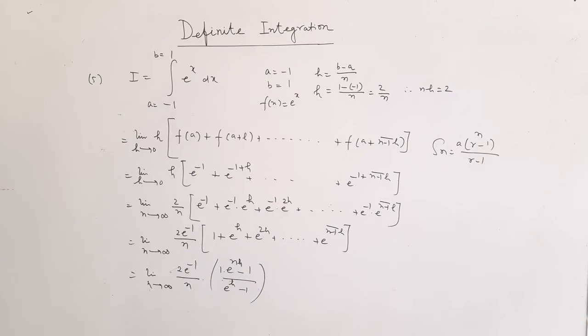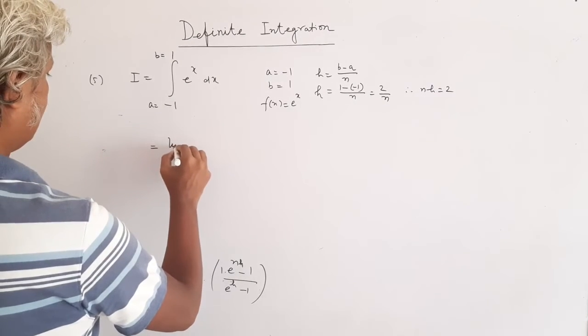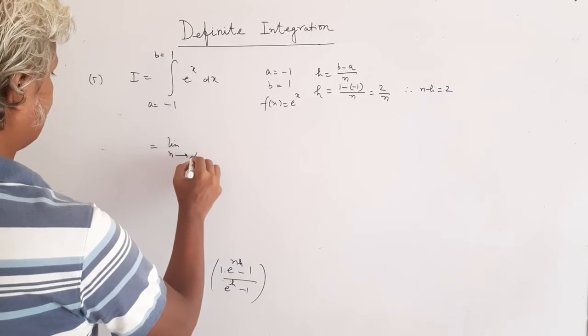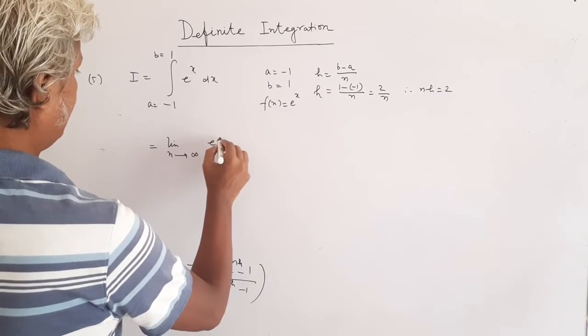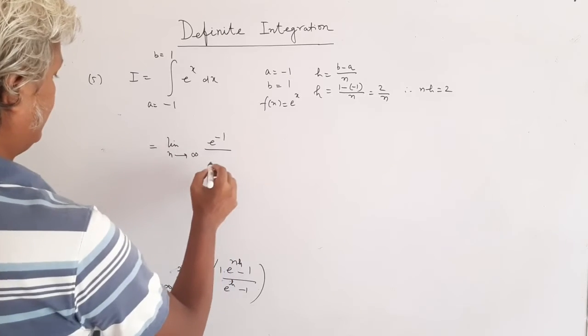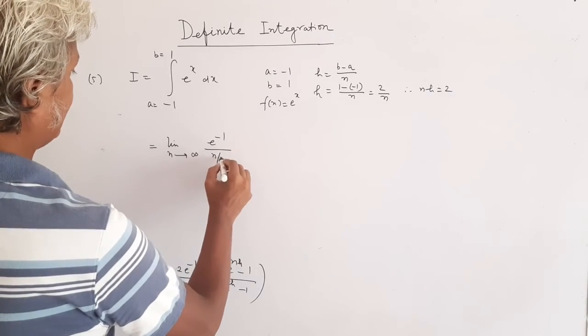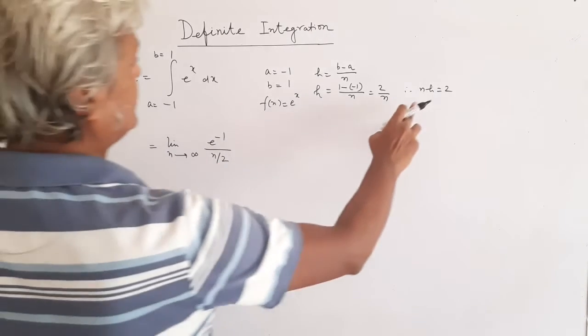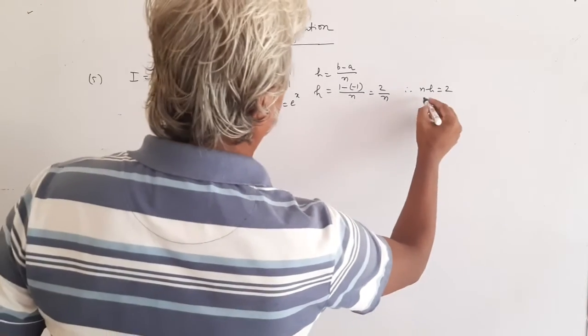Now let me remove this part of the screen so that I can explain it there. So now I am writing it afresh: limit n tends to infinity, e to the power minus 1 over, this I can write as n over 2. Why am I writing like this? Because n over 2 is nothing but h.